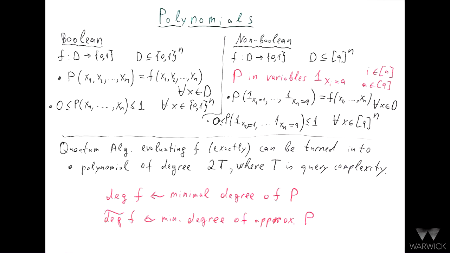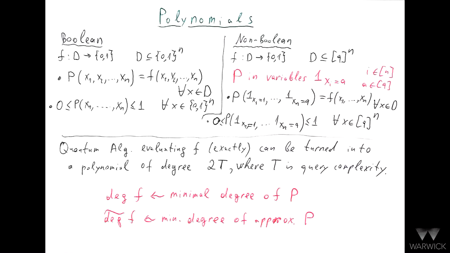But does it work? It doesn't, because of this crucial condition: the polynomial should be bounded between 0 and 1 on every input. It's not bounded, it can have value 2, even up to n, so it doesn't represent the function and doesn't give a separation.